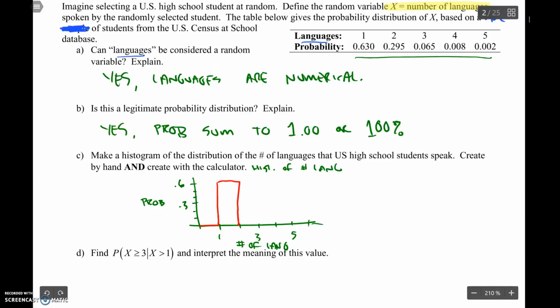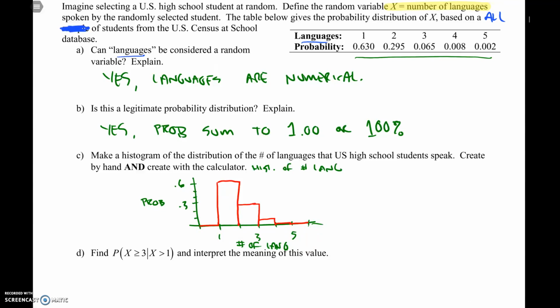So this bin is going to include the left endpoint and not the right endpoint. 29%, whatever. 6%, ooh, that's small. Then 0.8% and 0.2% are barely even visible on the chart. So that'd be the histogram.